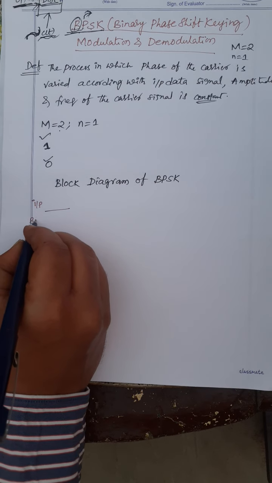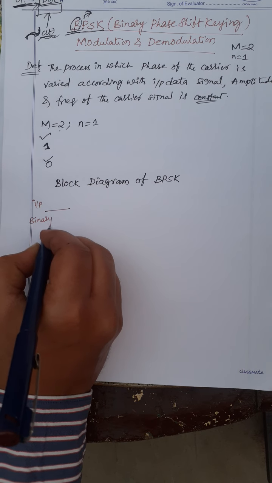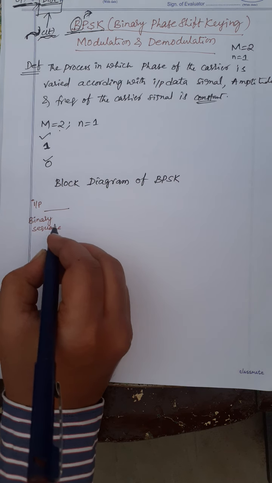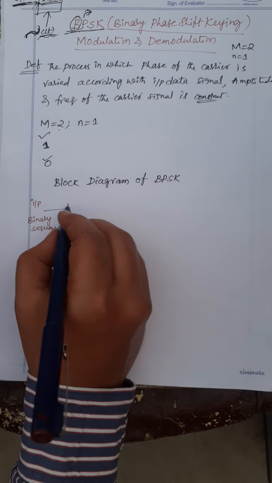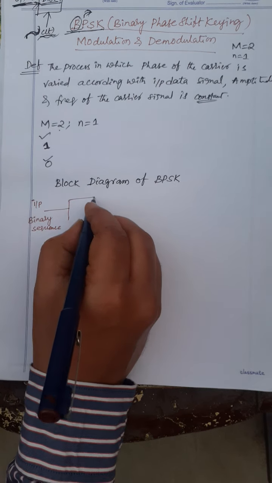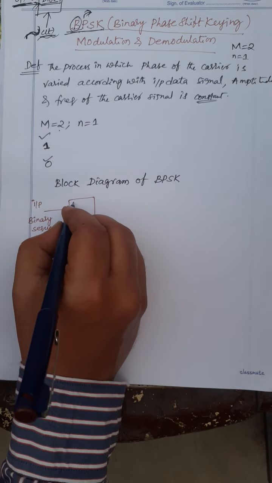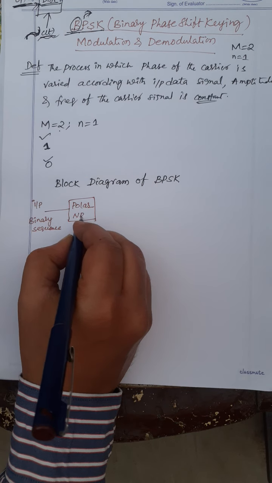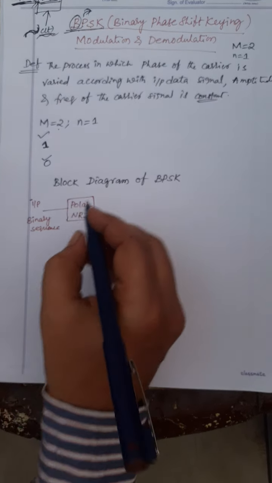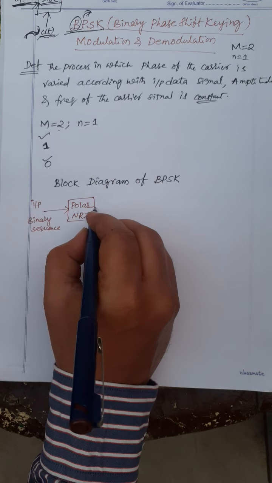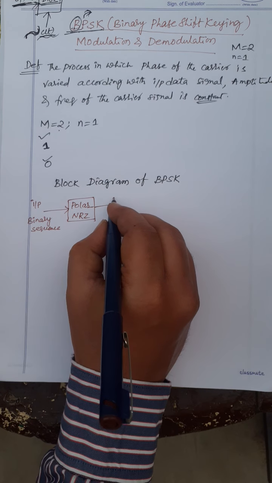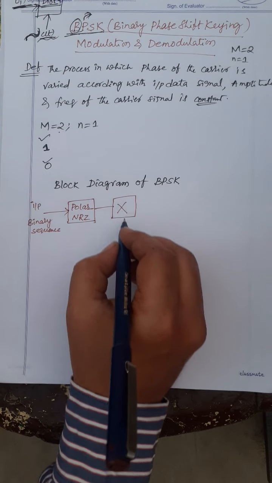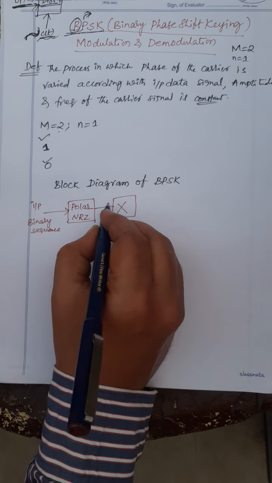Input binary sequence, next one, it is passing through polar NRZ, and here we are using a balanced modulator or product modulator or a multiplier.